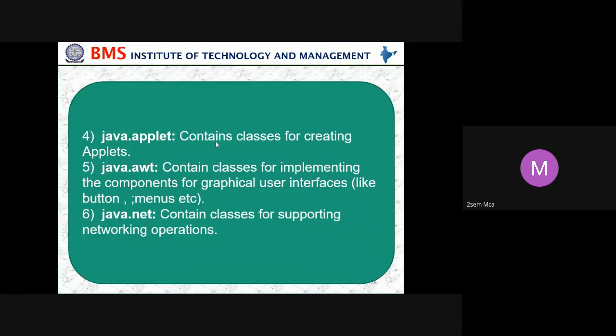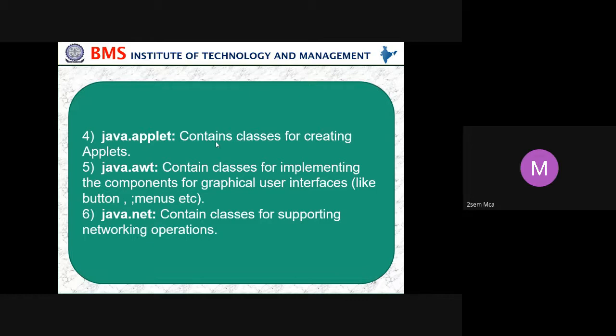We write a program to change all those things. To do that, we have some built-in packages present in AWT, which contains classes for implementing components for graphical user interface like button, menu. Now you can see, I want simple things. I want to click. After you enter username and password, we click on login.